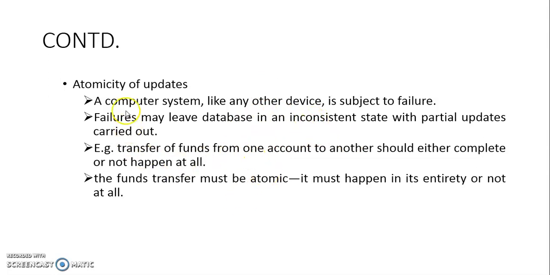In DBMS we have the concept of atomicity, using the transaction system, so atomicity is performed in DBMS. So these are the disadvantages of a file system, which we can overcome by using the concept of DBMS.